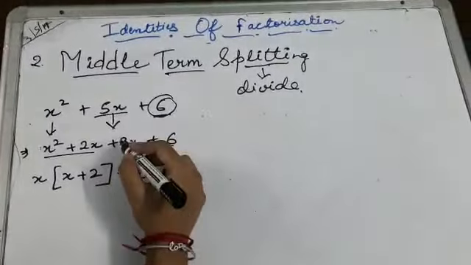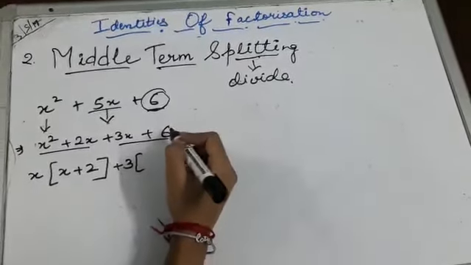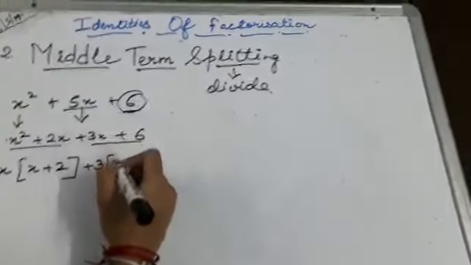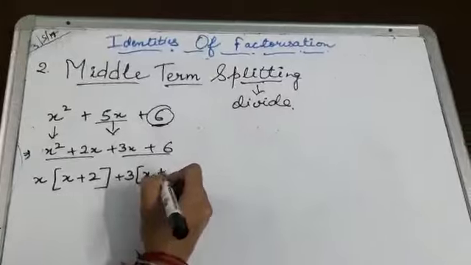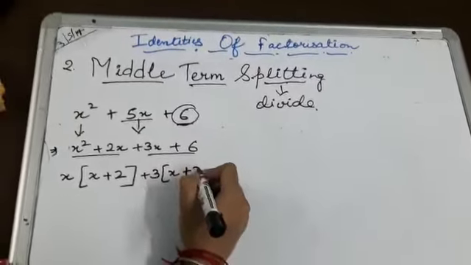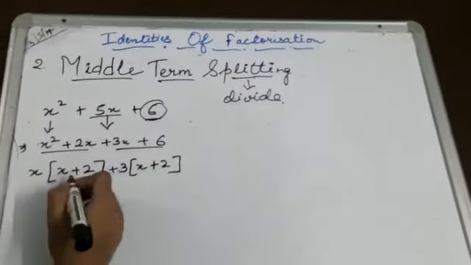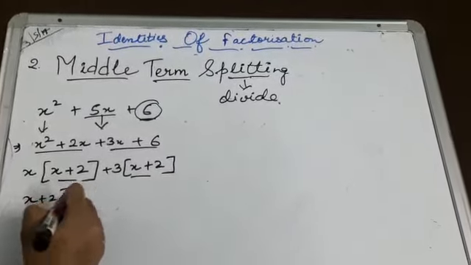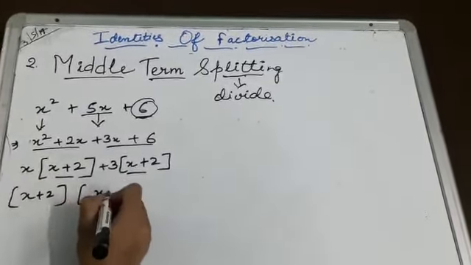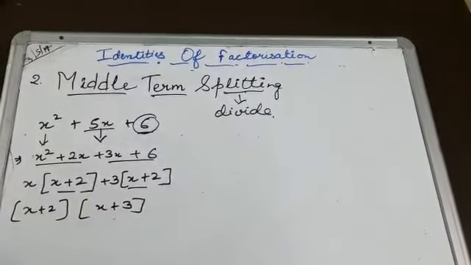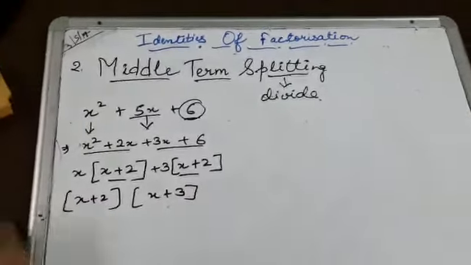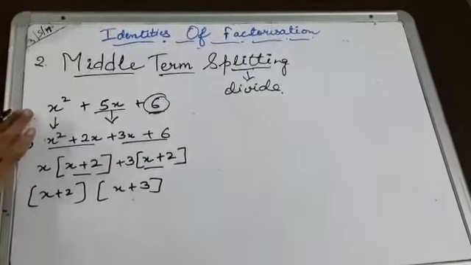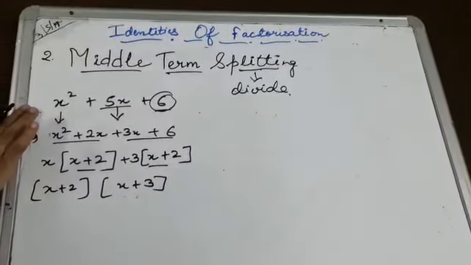Because 3 comes in both these terms, the left number is x plus 2, since in the table of 3, 6 comes 2 times. So we get x plus 2 as a common, and the number left is x plus 3. In this way we get the factors of this expression by middle term splitting.